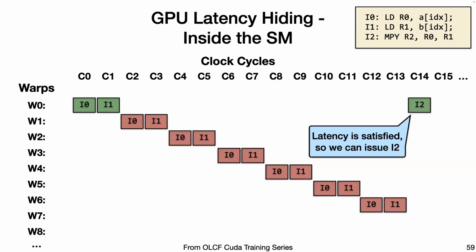Could you do more computation on that? Yeah, you could do other separate computation. Okay, so is warp 0 from C0 to C13 available to do other things if the scheduler gave it to it? So warp 0 between 2 and 13 would be able to do other computations.